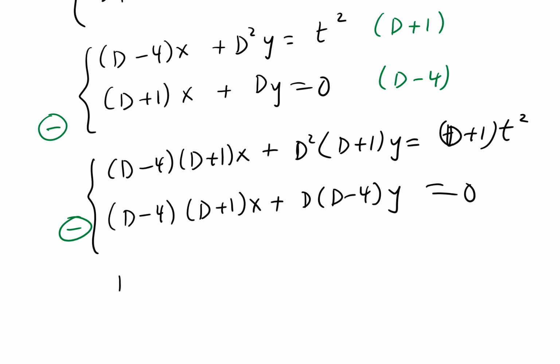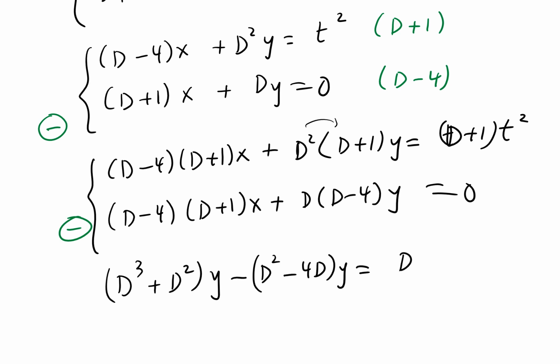For the y's, if you distribute this, we get D³y + D²y - D²y - 4Dy equals (D + 1)t².